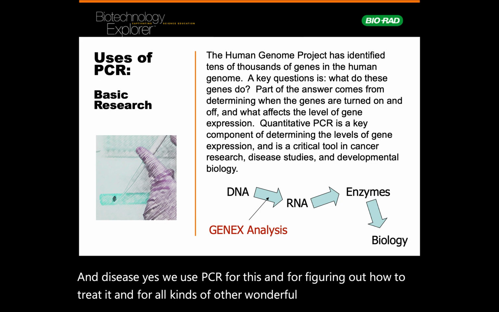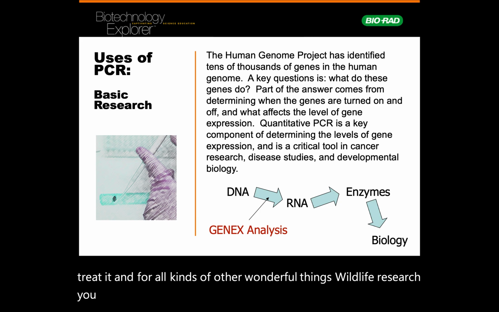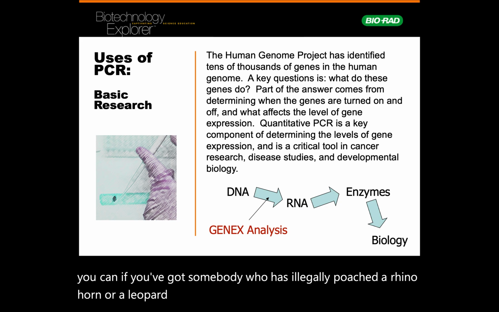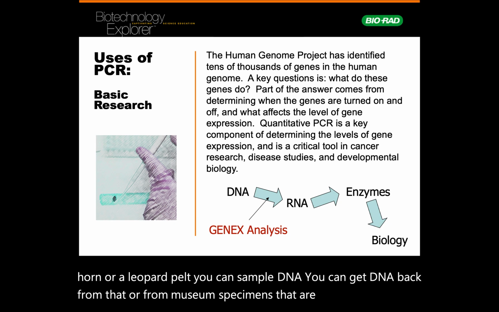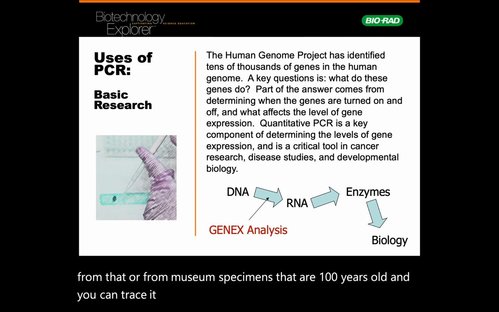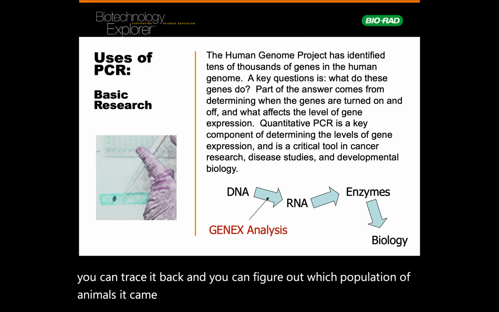Wildlife research, if you've got somebody who has illegally poached a rhino horn or a leopard pelt, you can actually sample DNA. You can get DNA back from that or from museum specimens that are 100 years old, and you can trace it back and figure out which population of animals it came from and probably which park it was poached from. Really interesting stuff.